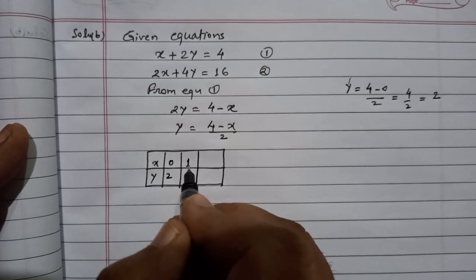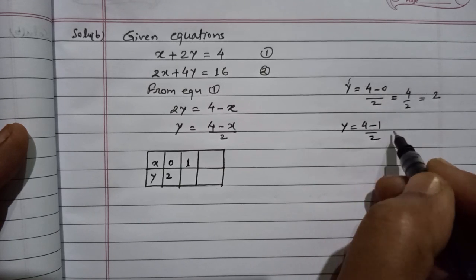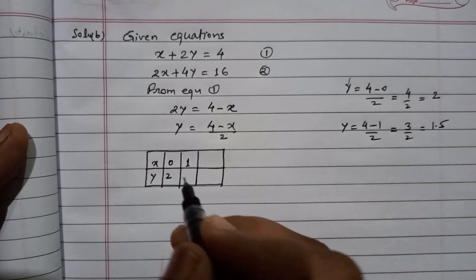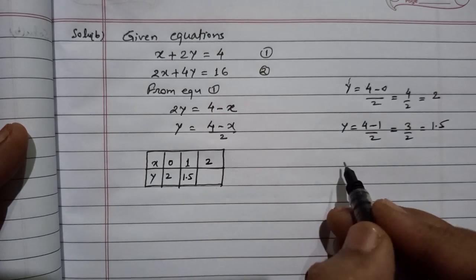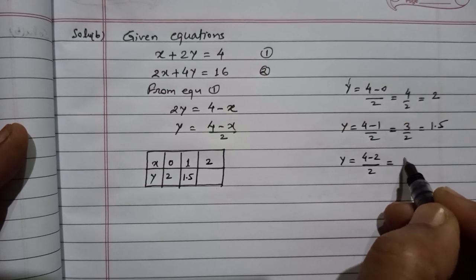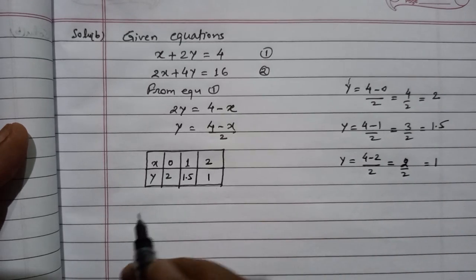Suppose x equals 1, y is equal to 4 minus 1 upon 2, 3 upon 2, 1.5. Suppose x equals 2, y is equal to 4 minus 2 upon 2, 2 upon 2, 1.